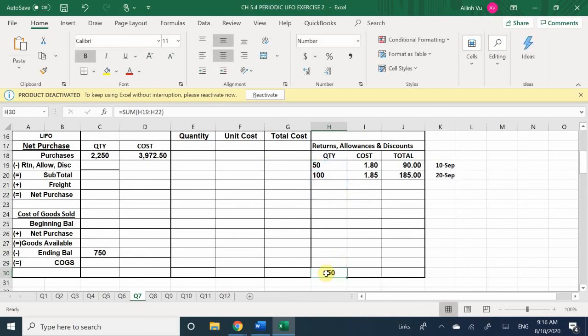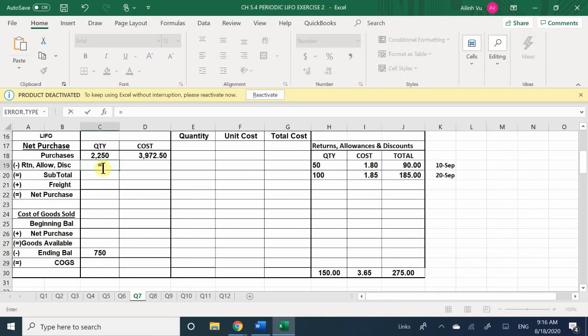And what is my total returns and allowances for my 150 items? 275.